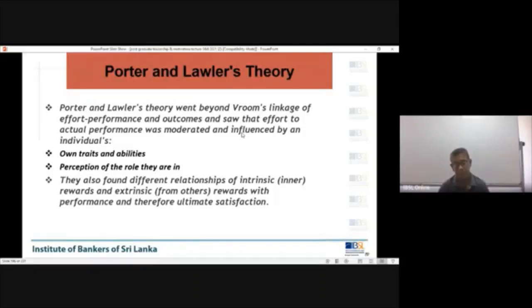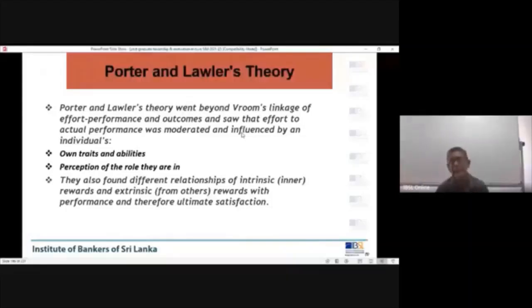Second, when I do this activity, I will be rewarded. The third expectation is that the reward I am expecting may be reasonable to my effort, right? So that is valence basically.